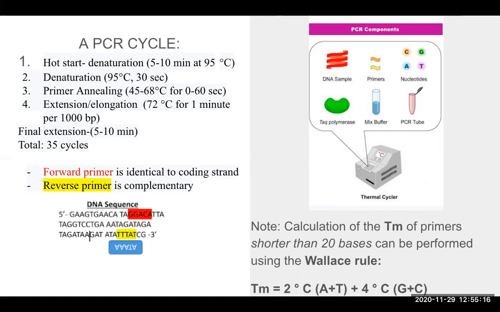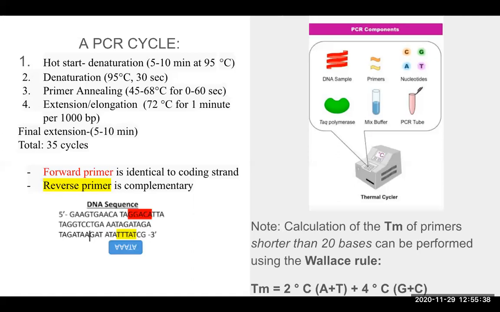Usually these are gonna be complementary to a specific target DNA sequence that you're gonna wanna amplify for whatever experiments you're running in the lab. So you're gonna design certain primers that are gonna anneal to the specific DNA sequence that you want and amplify that specific DNA sequence.